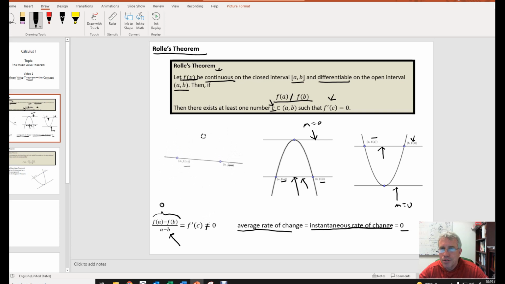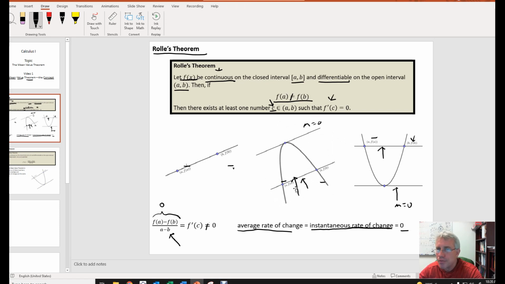So without loss of generality, let's suppose f of b is actually bigger than f of a. So if f of b is greater than f of a, we could take each of these pictures and tilt them up, keeping the picture but changing the slope.